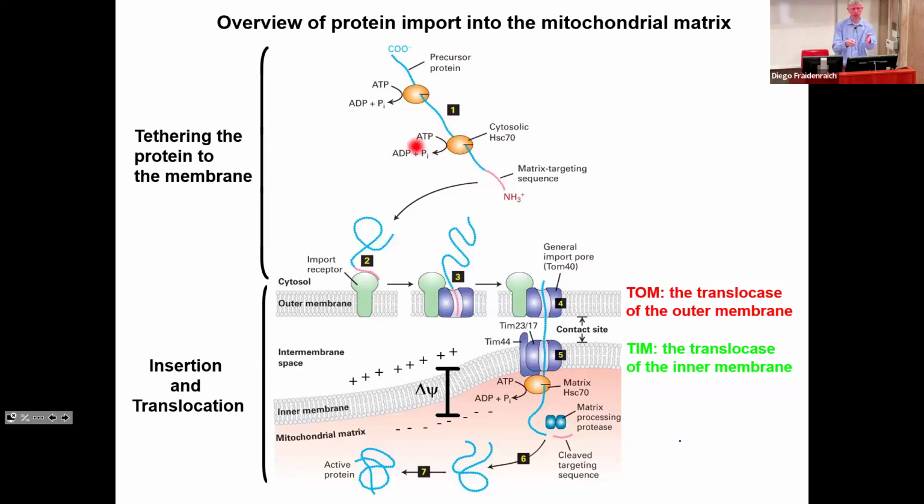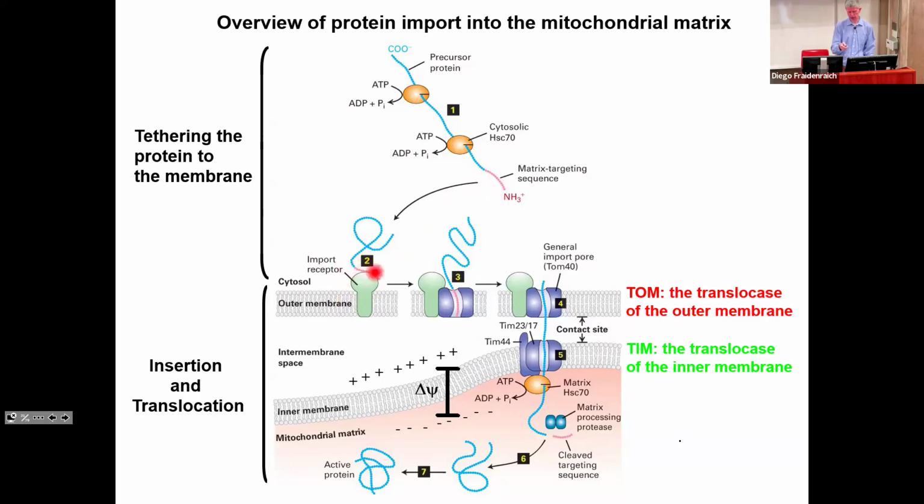So this is one example where you need energy, ATP, for this unfolding. Once the protein is unfolded, the signal sequence will interact with the receptor in the outer membrane.